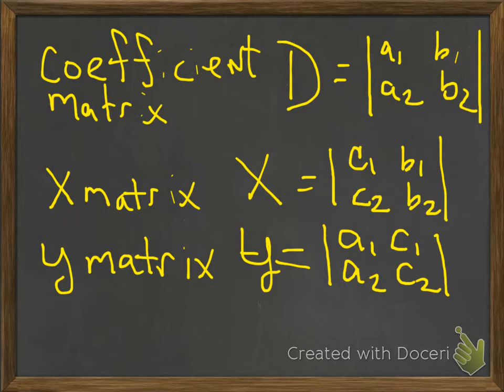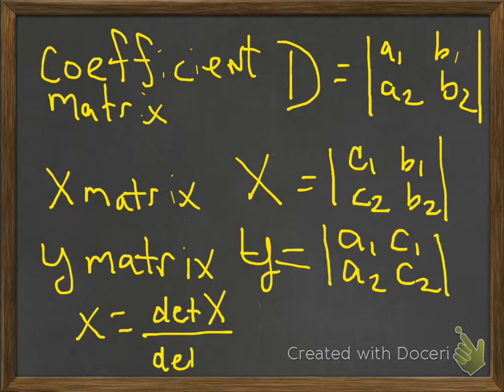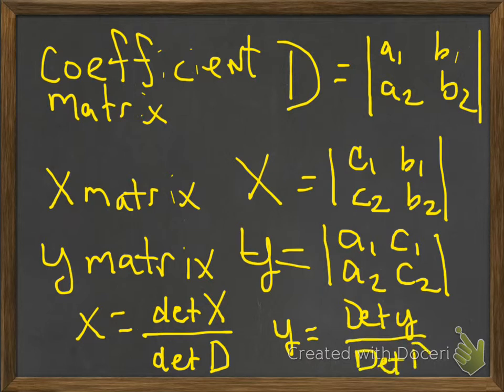Your final answer for the system: for x, it's the determinant of the X matrix divided by the determinant of the D matrix. And y is the determinant of the Y matrix divided by the determinant of the D matrix. I should have said the D matrix, the coefficient matrix. That makes more sense.